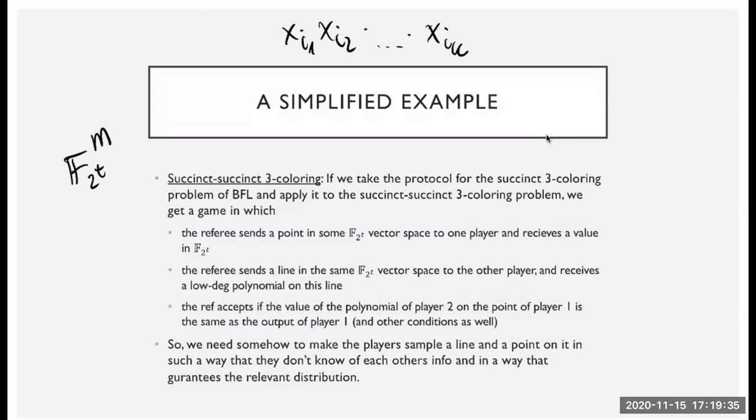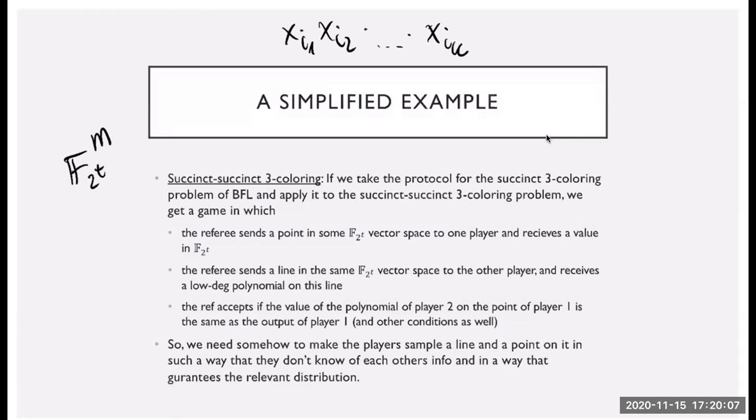Okay, so at least for now, the only thing I care about is that they need to sample a point on the line, and the way they sample it is such that the line player does not know the specific point on the line that the point player gets, and the point player just knows its point. It doesn't know what the line is. So this is the only thing I care about here.